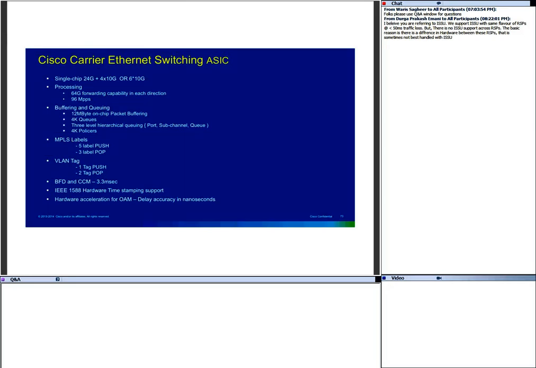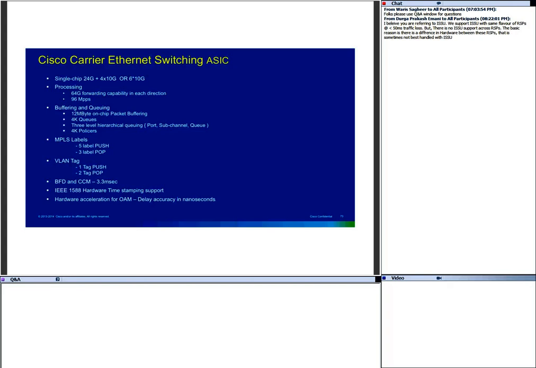And how many million packets per second can it handle? It's 96 million packets per second. So when you talk about oversubscription and all, do keep this in mind. All the ASR920 variants use the same ASIC, so the throughput is 64 gigabits per second in all the variants.